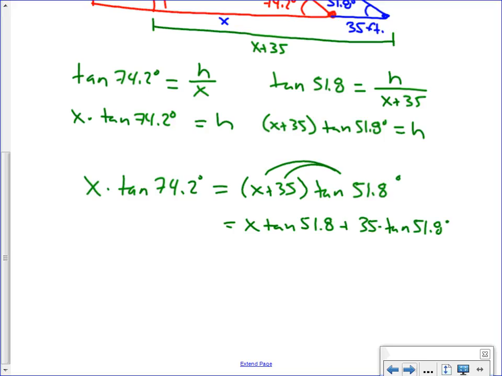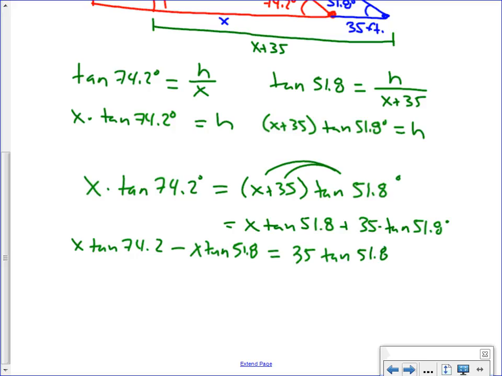Move all the variables to one side. So to move this, you would just subtract the x tan 51.8. So it would be x tan 74.2 minus x tan 51.8 is equal to 35 tan 51.8.